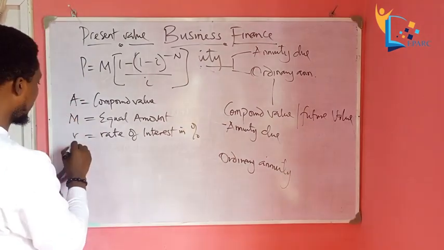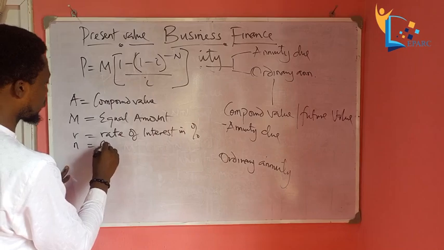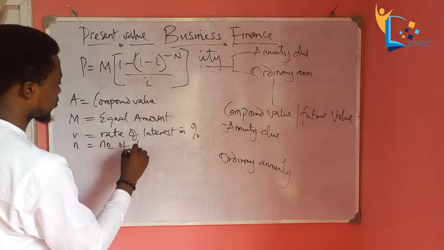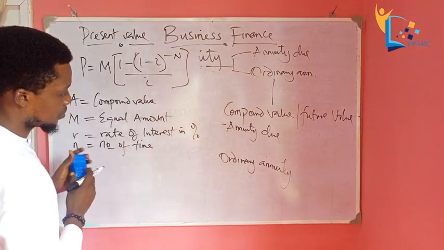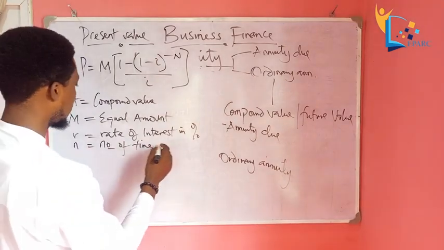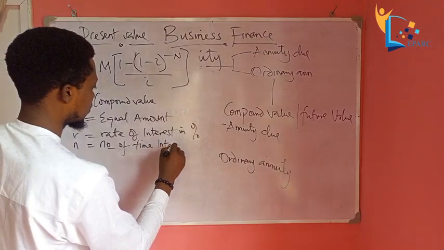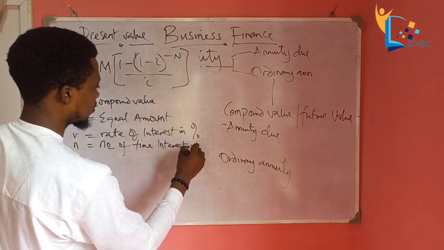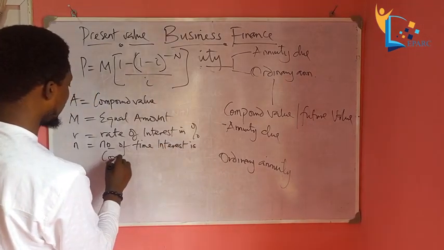Then n is equal to the number of times interest is compounded.